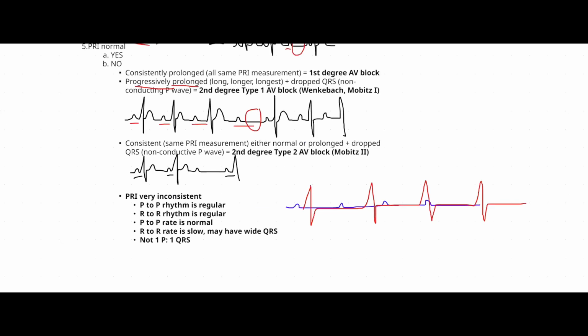And let's put the actual rhythm here. So this is third degree AV block. So here's what's happening in a third degree block. Remember how I said in AV block, the problem is the AV node, right?